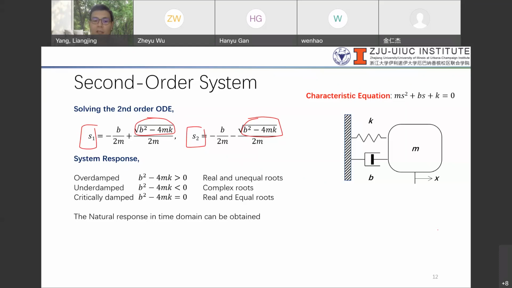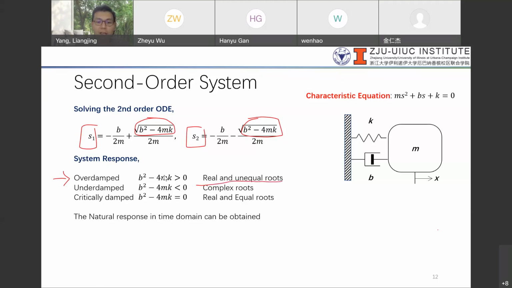Because there will be i involved when you square root -1. All right, so in the case of overdamped, where this part here, b squared minus 4mk, is greater than 0, that will be a situation of overdamp where you have real and unequal roots.